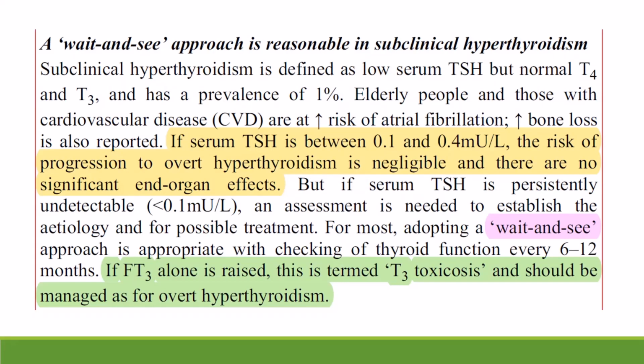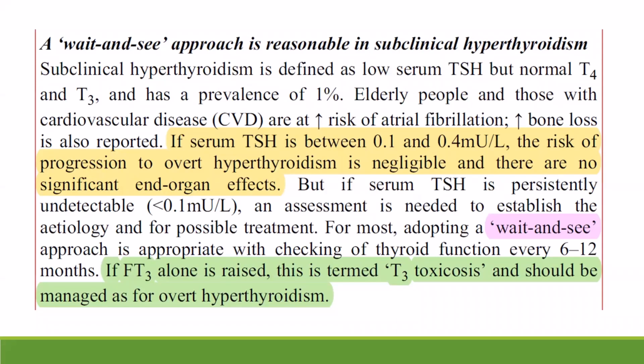The risk of progression to overt hyperthyroidism is negligible in stage 1, and there are no significant end-organ effects. We manage stage 1 subclinical hyperthyroidism if there is a cardiac problem, osteoporosis, or symptoms.